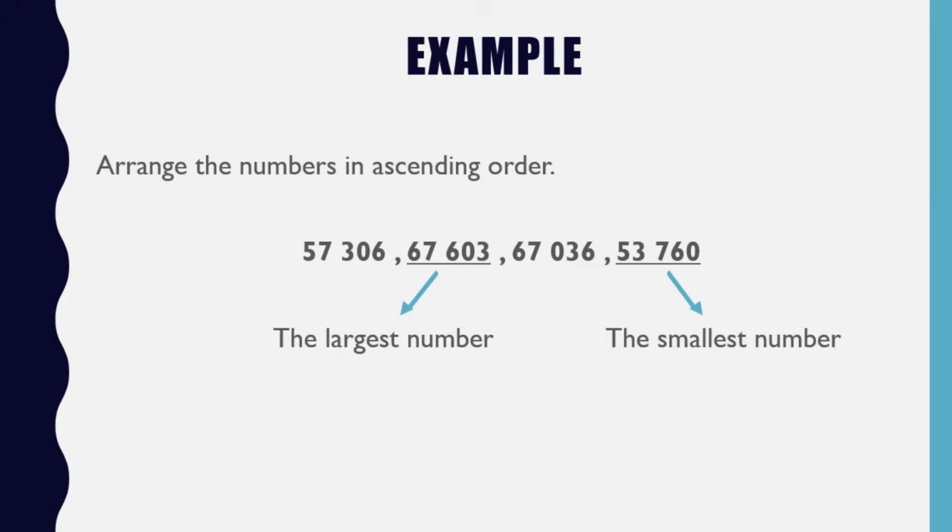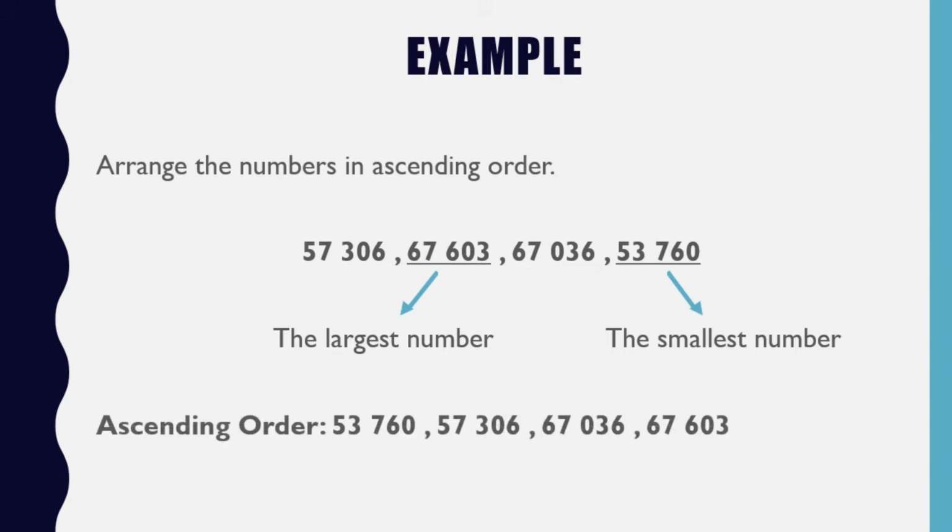As we have identified our smallest and largest numbers, we have to compare the rest of the numbers and arrange them in an ascending order, which is from the smallest to the greatest. Finally, the ascending order will be 53,760, which is the smallest one.